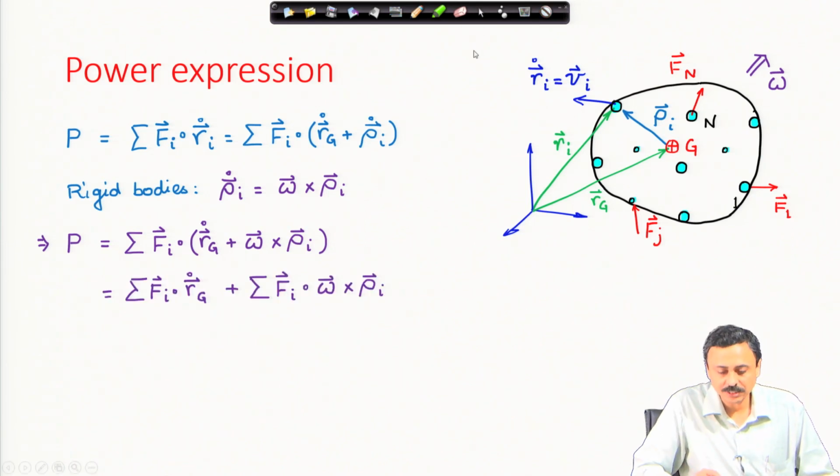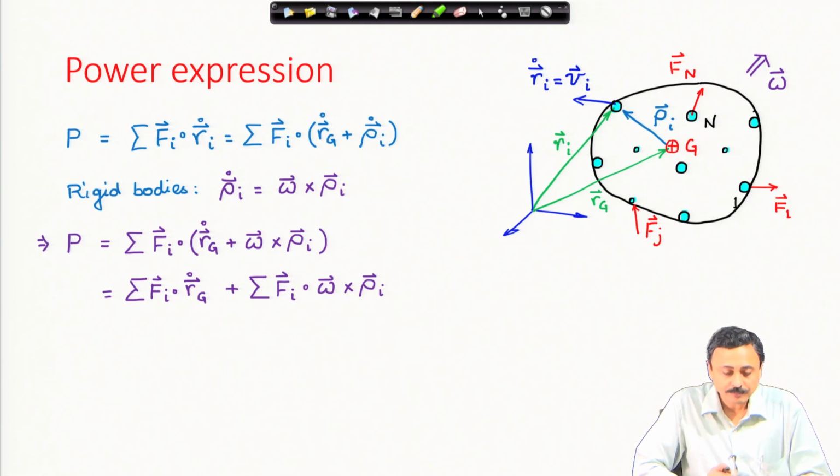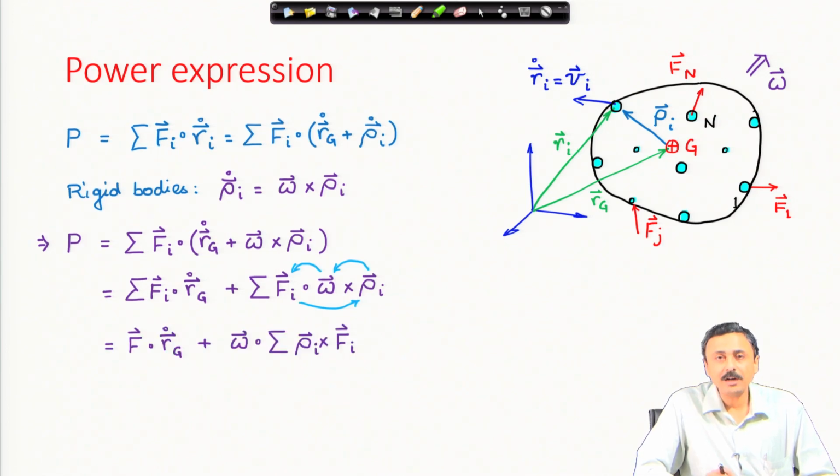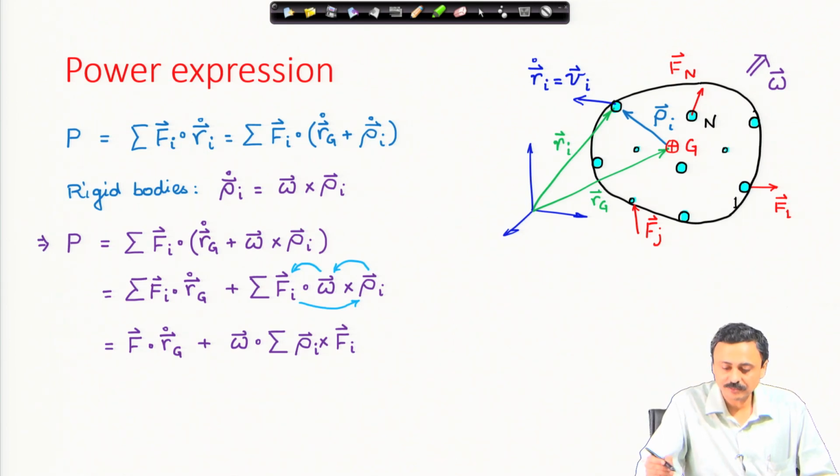I am going to use, this is again a scalar triple product. The first term is simple, it is net force dot velocity of the center of mass, whereas the second summation I can use the scalar triple product and I can rotate this in this form, write it like omega dot summation of rho I cross Fi.